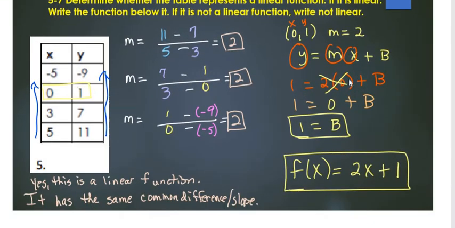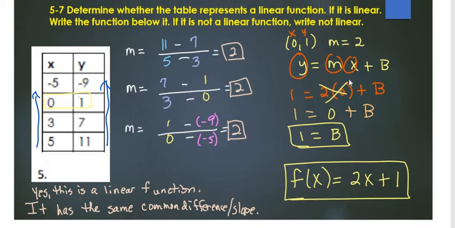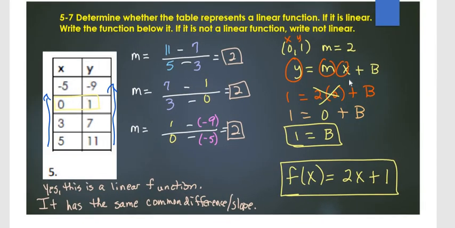Now, for the first one, the first thing you're going to do is find the slope, and yes, you will have to check every single one of these points. The other ones we already knew were linear, so we did not have to check every point.